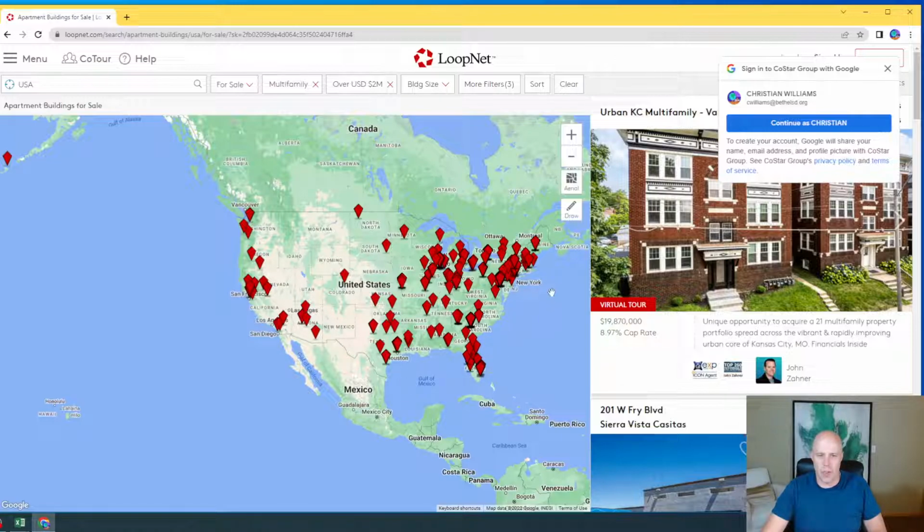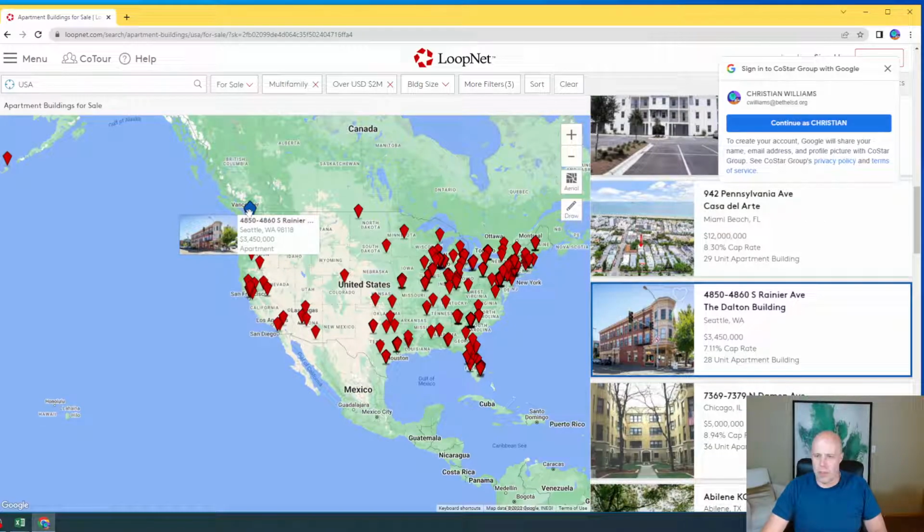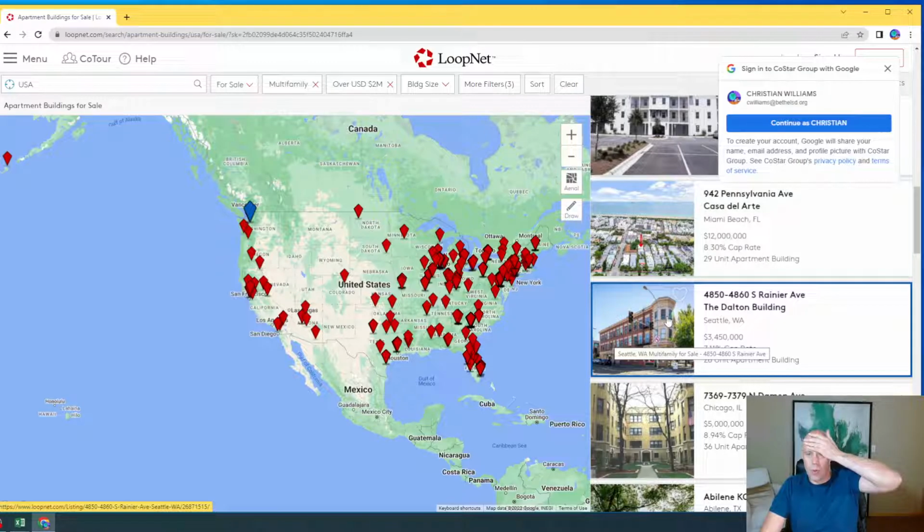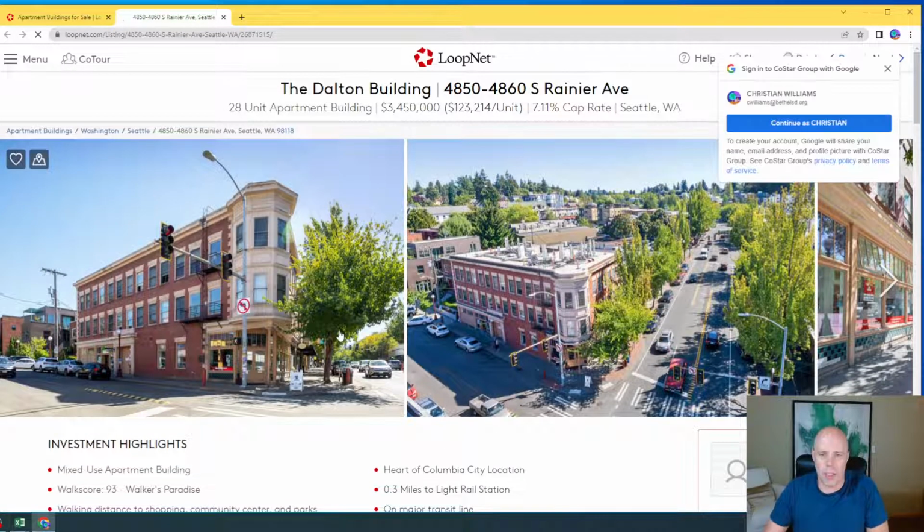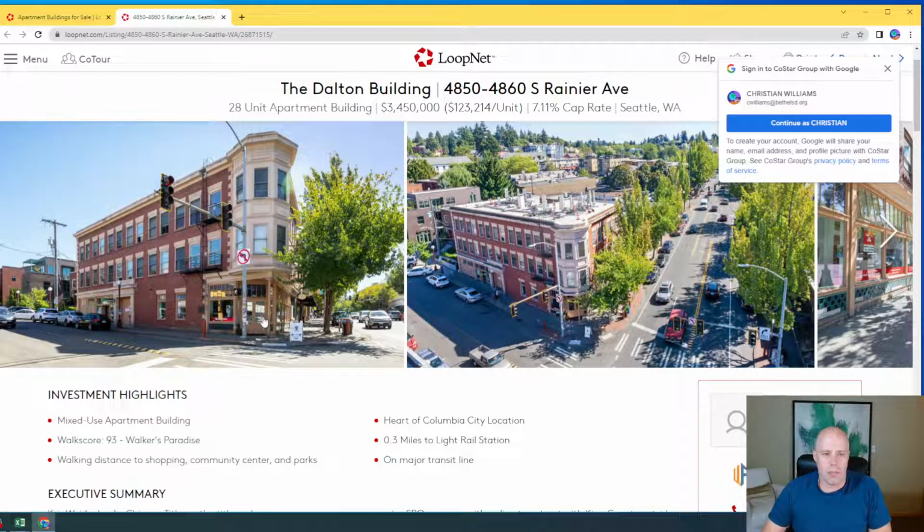So we've got now in the U.S., here's all the apartment complexes that kind of fit those criteria. So I can look close to us, and I can see here's something in Seattle that supposedly fits that criteria. And so we'll go ahead and take a look at this property here. So here's an apartment complex, mixed use apartment building. There's some commercial stuff on the bottom, and then apartments up top.